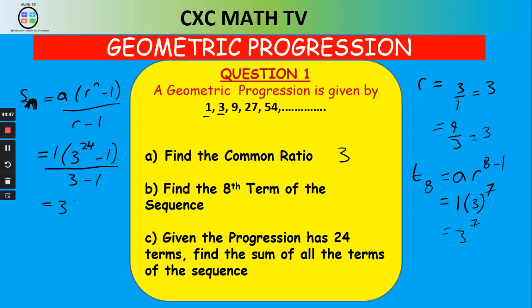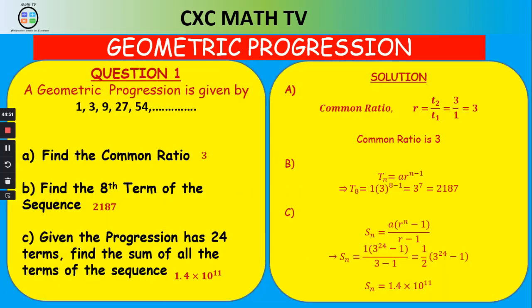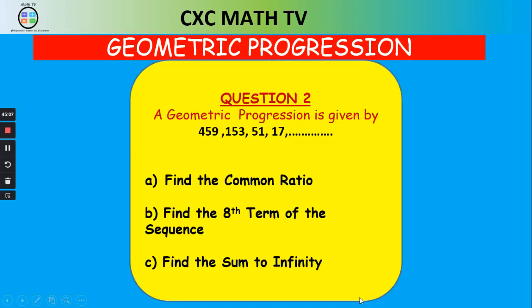That works out to be 3 to the 24 minus 1 over 2. That's it. To show you the typed out solution, 3 to the 7th is 2187, and 3 to the 24 minus 1 divided by 2 is 1.4 times 10 to the 11. Next question.